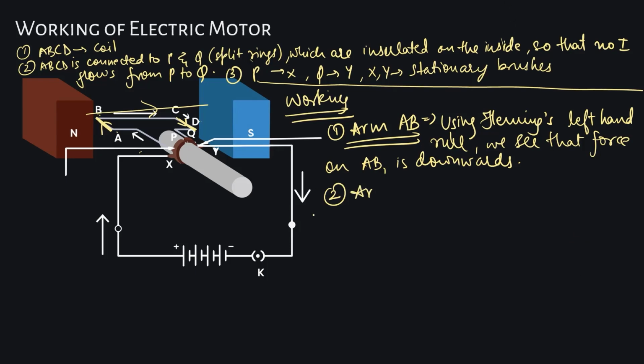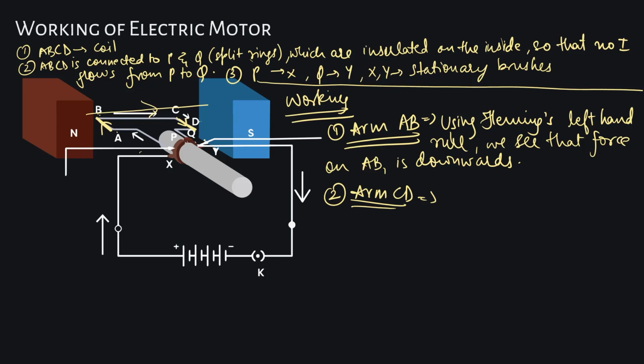Great. Now, in case of arm CD, we do the same thing. Okay, now look at arm CD. In which direction is the current flowing? Is it flowing towards you or away from you? It is flowing towards you. Okay, so current is my middle finger. I arrange my middle finger towards me. And I know that north to south is the magnetic field. That means the magnetic field is pointing towards the right.